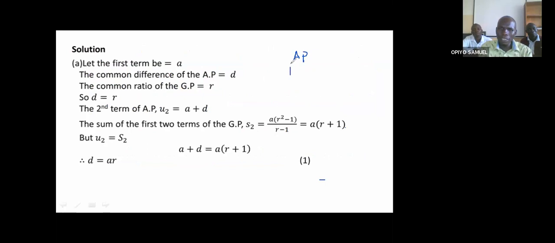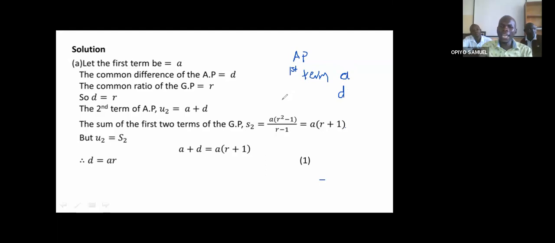You should know the first term. You know the common difference. Let's call the first term a, then the common difference d.